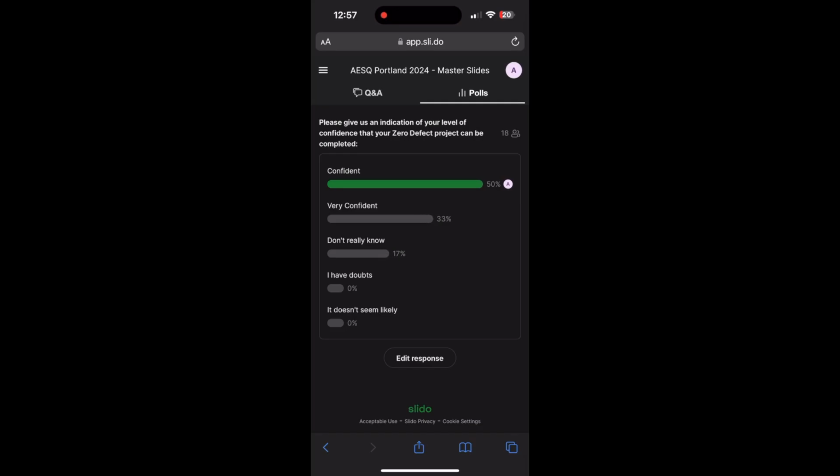I think there's about 50 folks in here, so I will let the number at the top right get to about 43, 48 or so. I think the majority of folks feel like they're confident that they can actually enact their zero defect project, which is good. This lets us know, are we empowering you, are we training you so that you can be effective?